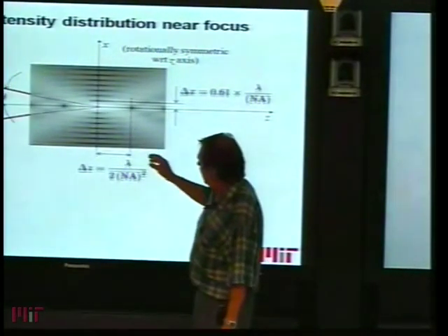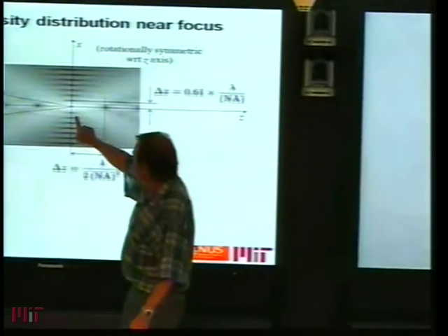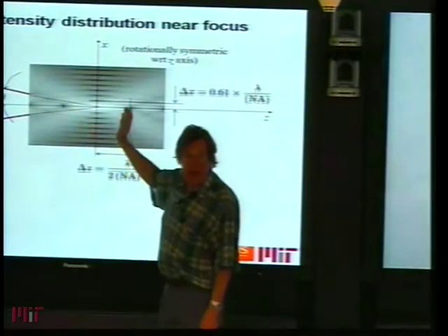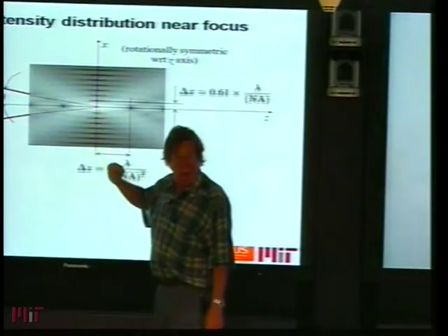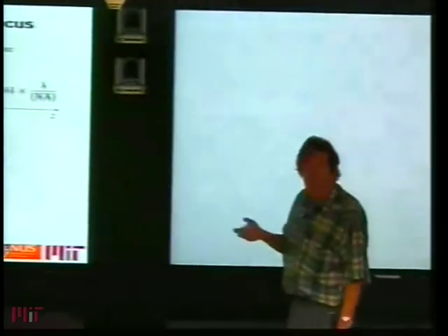But what you'll see is that as you go out of focus, note one thing: it's symmetrical about the focal plane. I think we probably had that somewhere before. If it's calculated using the usual Debye approximation, you get a result like that.